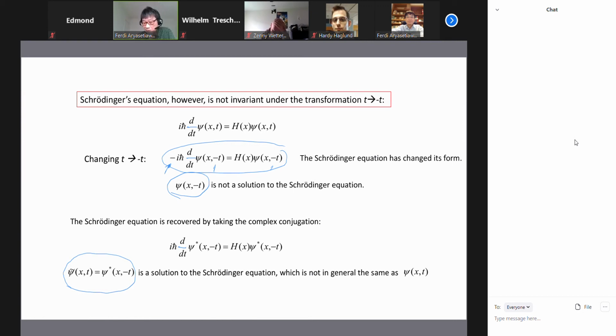And that is not in general the same as the original solution. It can be different because it's a complex conjugate. So that's a difference between time reversal in classical mechanics and in quantum mechanics.